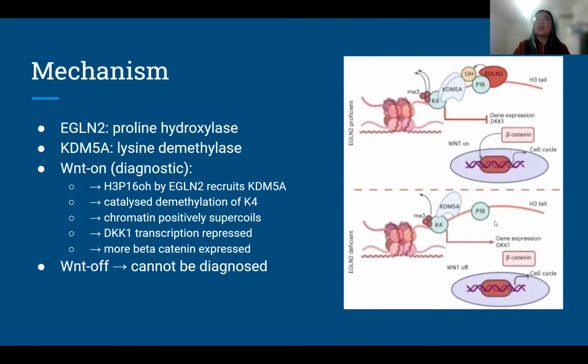So if they keep the Wnt expression on and then inhibit EGLN2, this will not cause cell quiescence, but it will also effectively restore the expression of DKK1, the tumor suppressor gene.